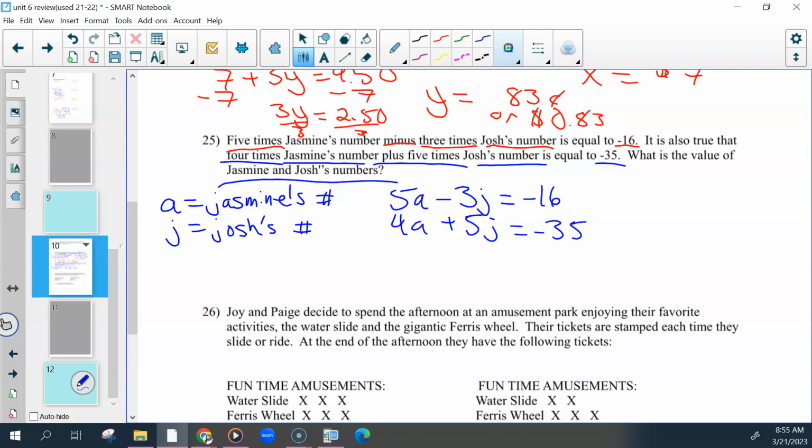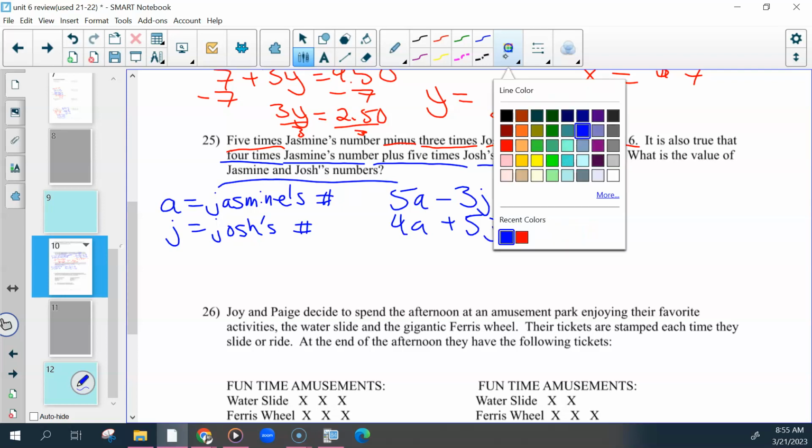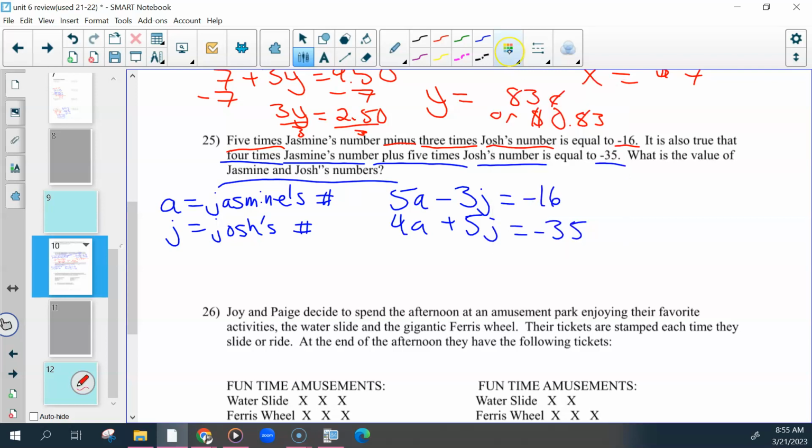You could do substitution here, but we're just going to do elimination again because that would be easiest. We have to find the value of both, so it doesn't matter which one we eliminate first. Which one do we want to eliminate first, A or J? You guys choose.